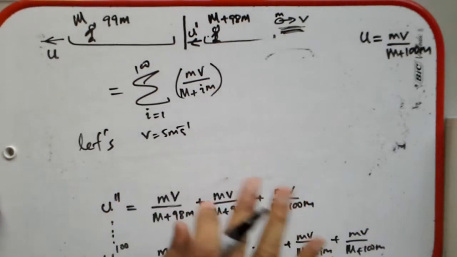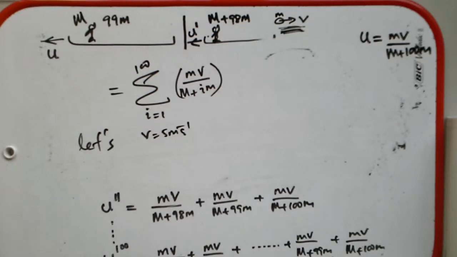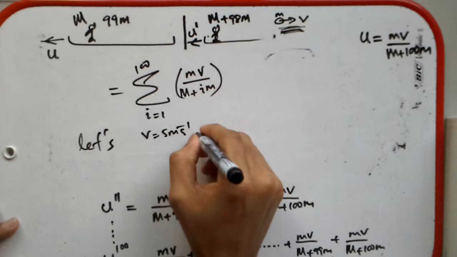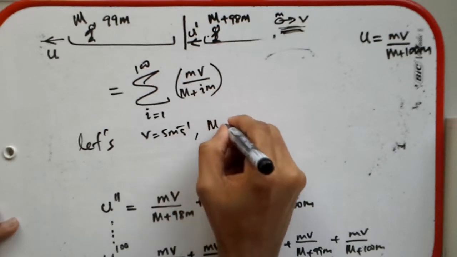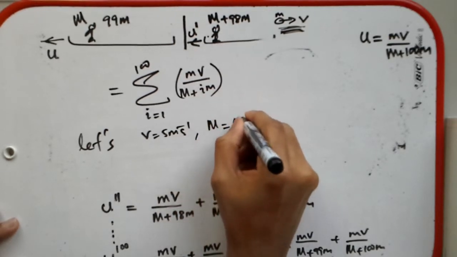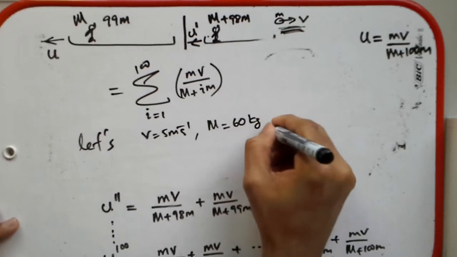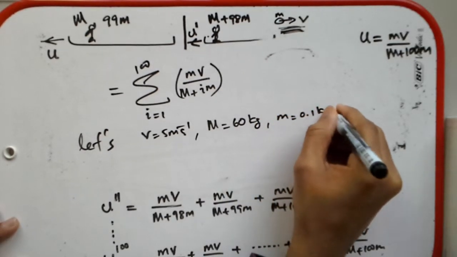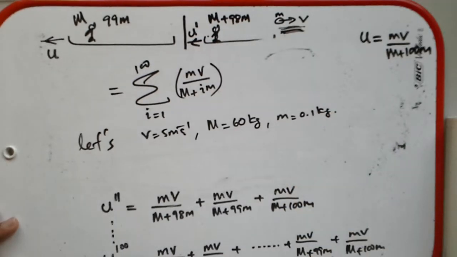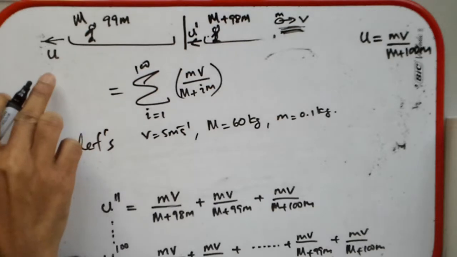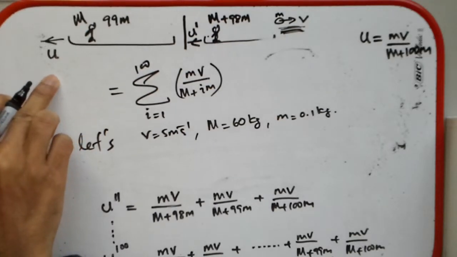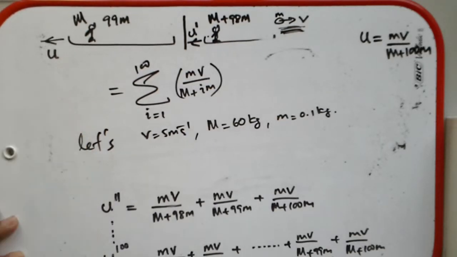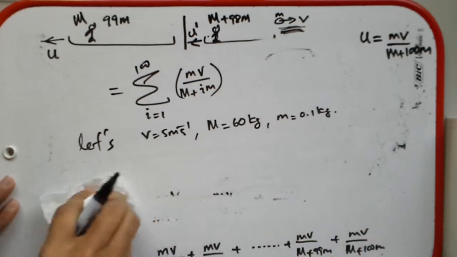I'm going to give the numerical values: the big mass is 60 kilogram and small m is 0.1 kilogram. So the question is, what is his final recoil speed?